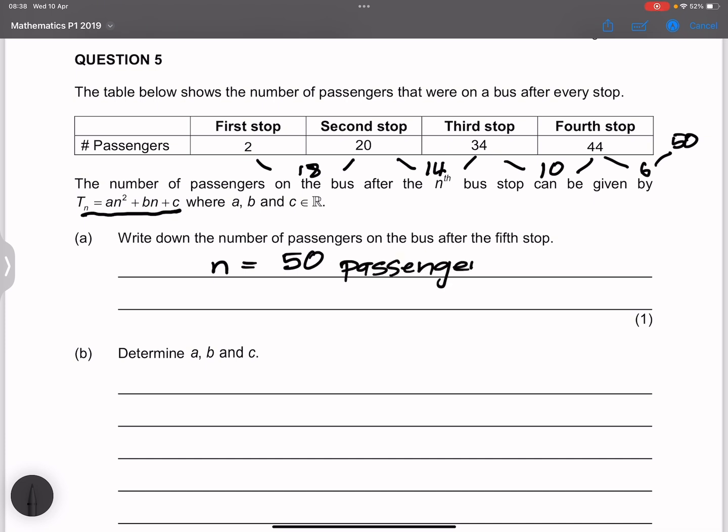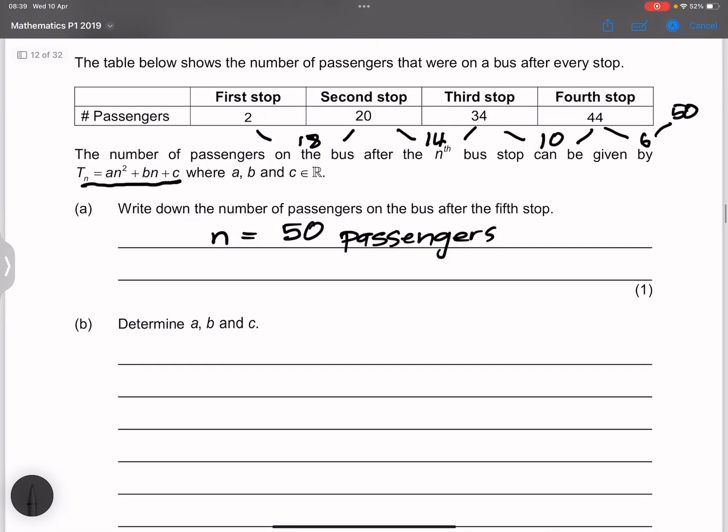Okay, right, and then they say determine the value of A, B, and C. Right, so now we've determined what our first difference is. Okay, what is our second difference? So you can see we've got 14 minus 18. That will give us -4, right? And our next, 10 minus 14, keeps on decreasing by 4.